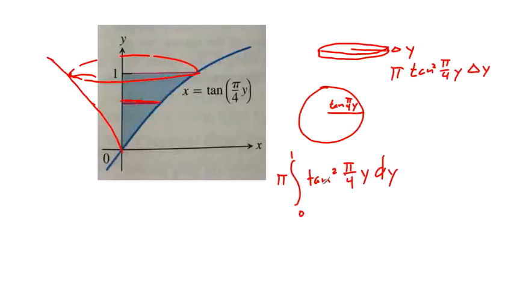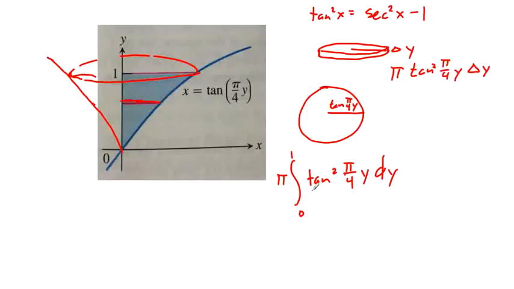So another big reason why I wanted to do this video is to make sure you know how to integrate this. You're going to have to use a trig identity. And the trig identity you're going to be using is the tangent squared of x is the same thing as secant squared of x minus 1.